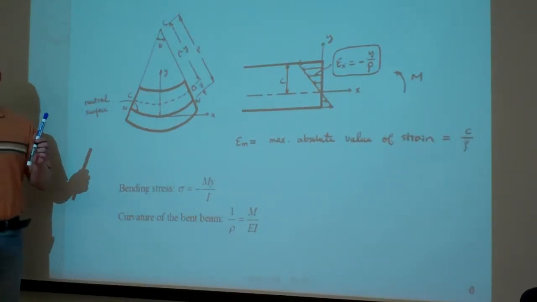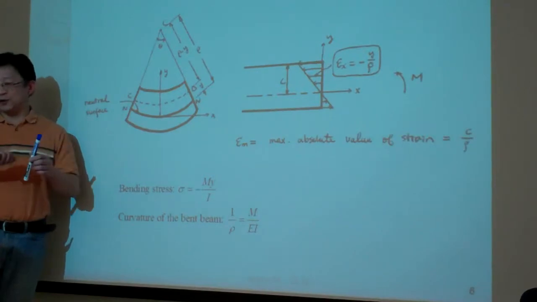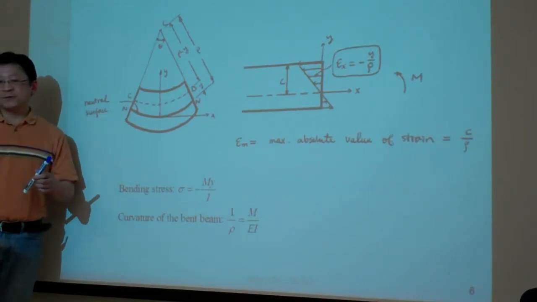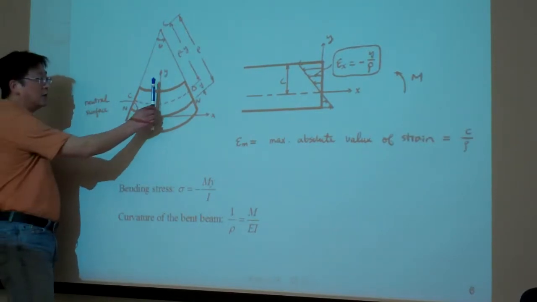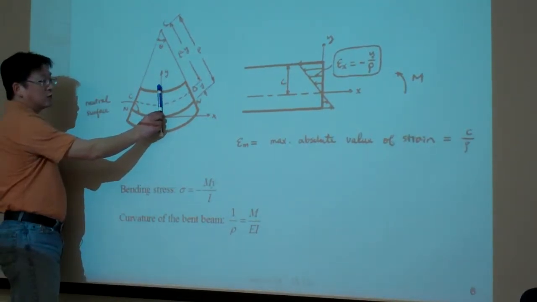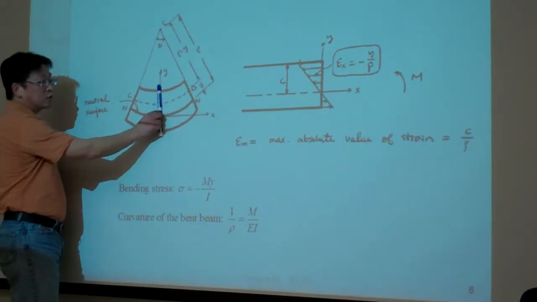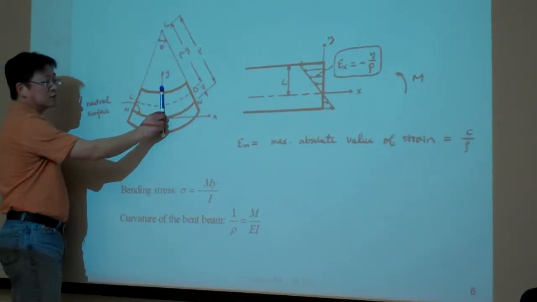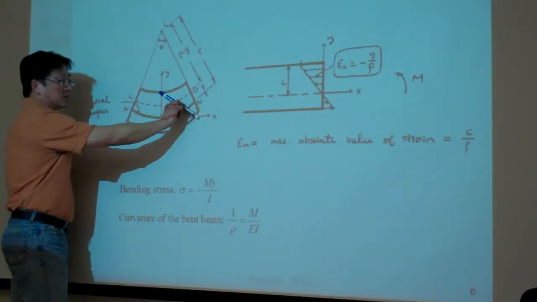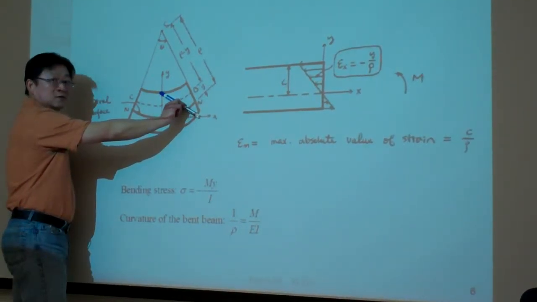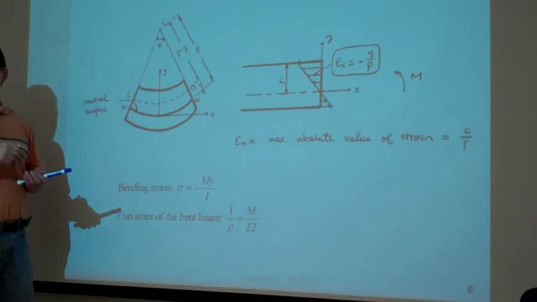Under that situation, those materials will experience a very large deformation. The cross section, originally locally normal to the neutral surface, during deformation will not remain at 90 degrees. That means the angle will be something other than 90 degrees.